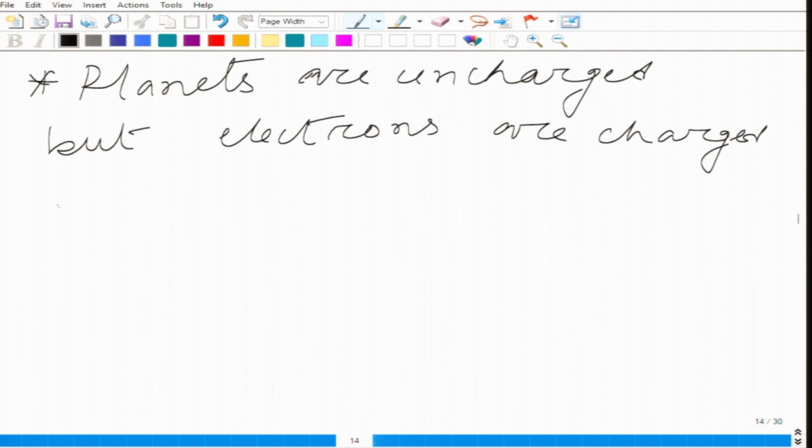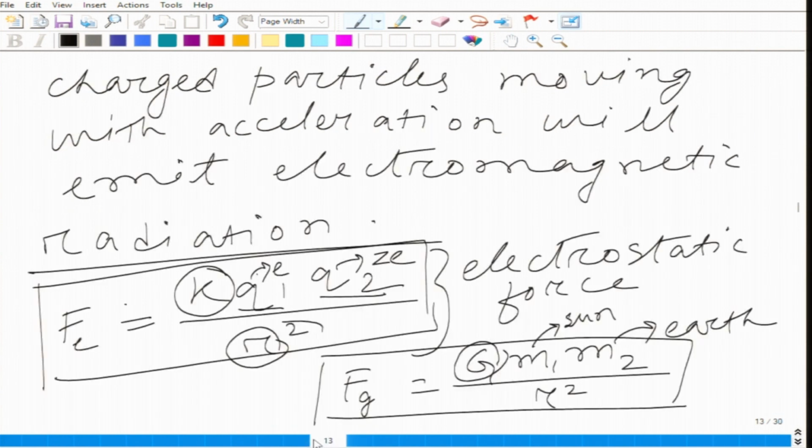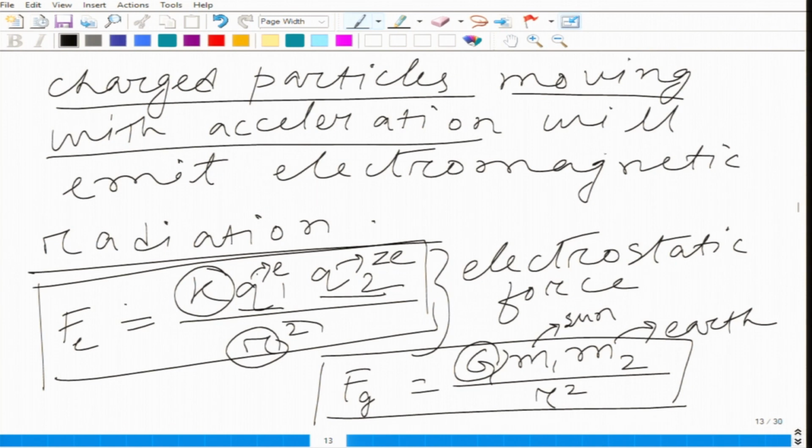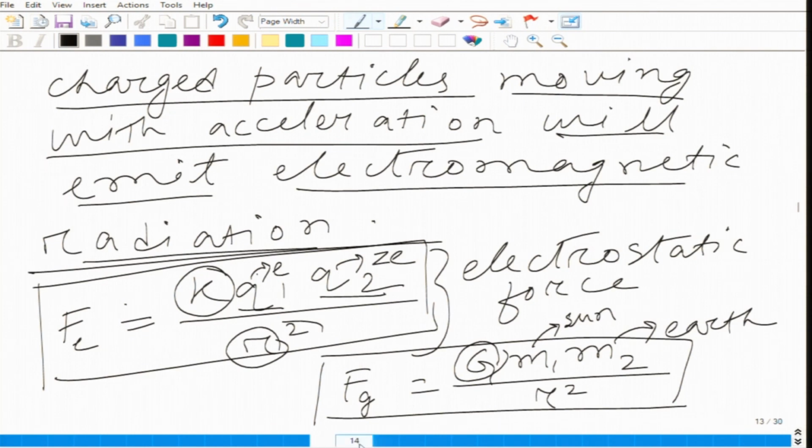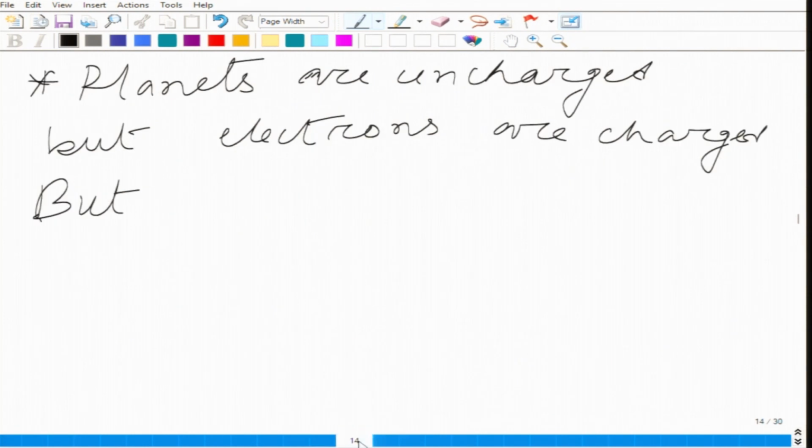So what will happen by Maxwell's theory? We have read that charged particles moving with acceleration will emit electromagnetic radiation. So when the electrons are emitting radiation, their energy will be converted into radiation.